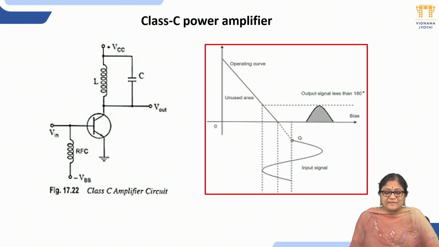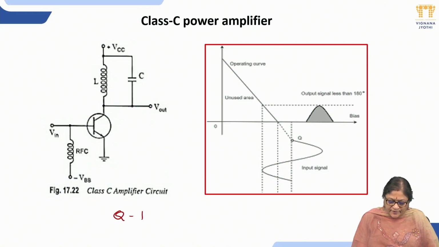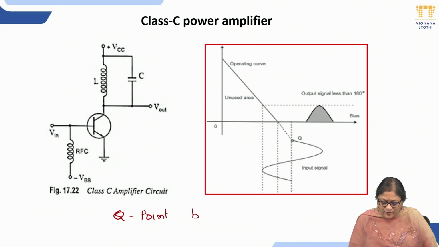Then coming to class C, this is the third class of amplifiers, other than class A, class B, and the combination of A and B, class AB. The third is class C power amplifiers. Here, the Q point of class C on the load line is below cutoff.